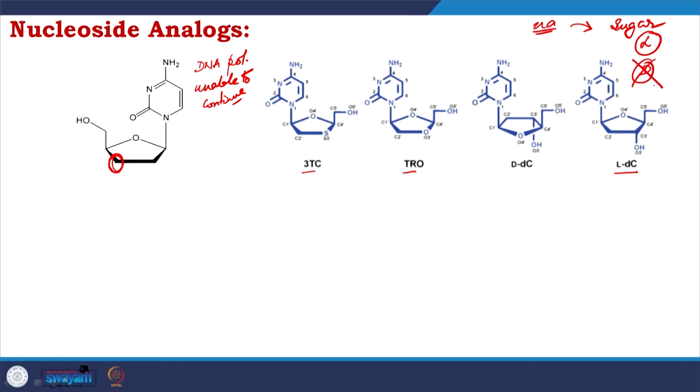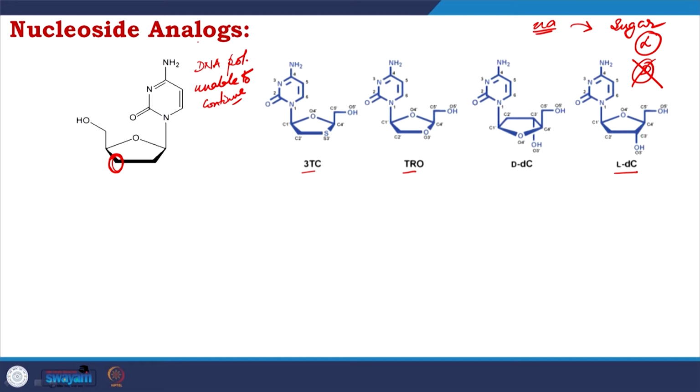So, how should it work? That was an enigma for a long time, though in reality as a drug, lamivudine, troxacytidine, L-deoxycytidine, they all are working much better than those straightforward analogues.